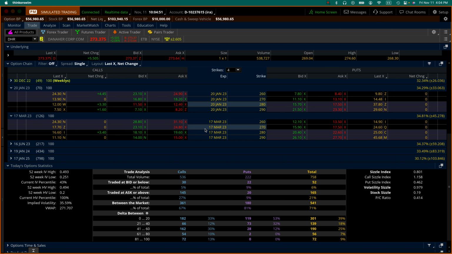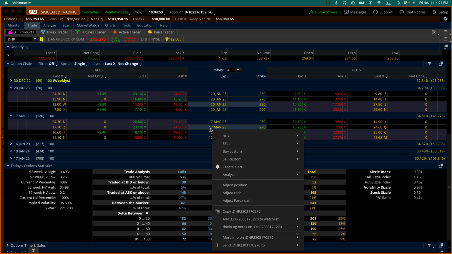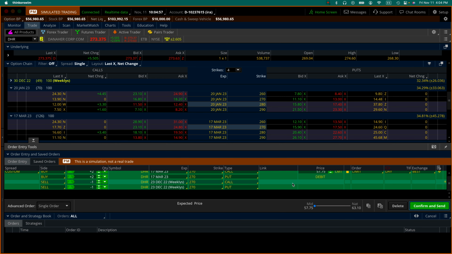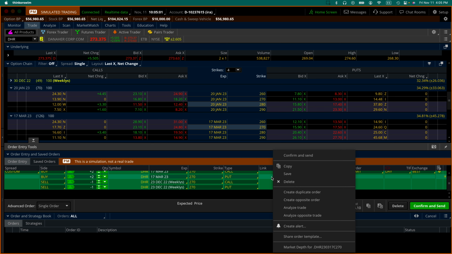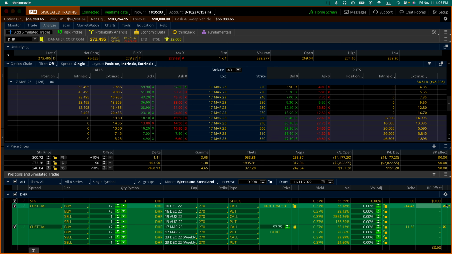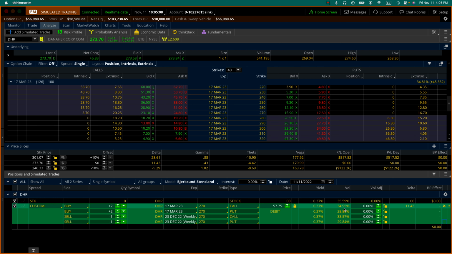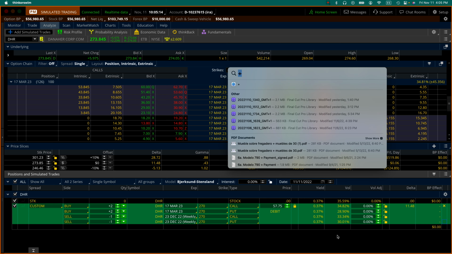Once again, let's do 270, buy custom Gini, if you saved it with whatever name you gave it, and then analyze that. Is the volatility too high? No, it might be okay, the skew. Okay, let's do the calculator.